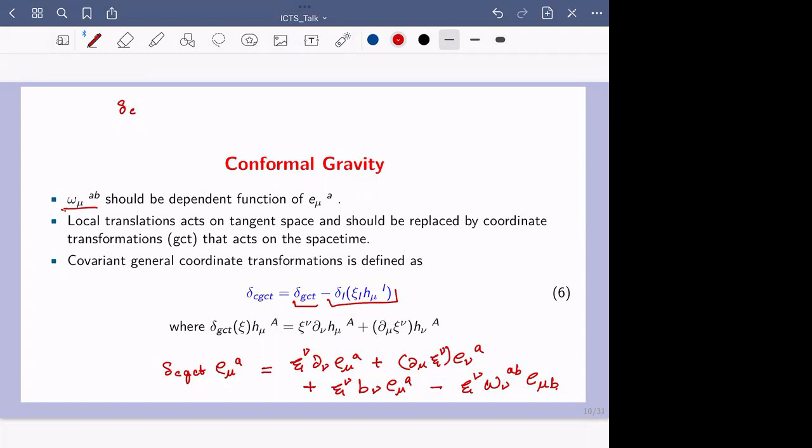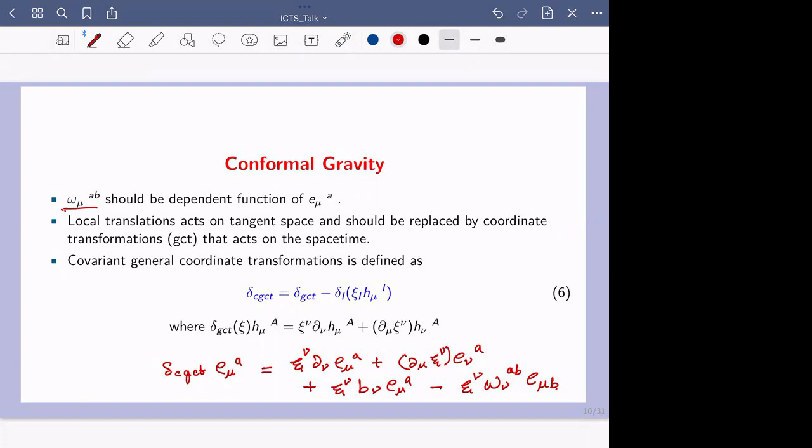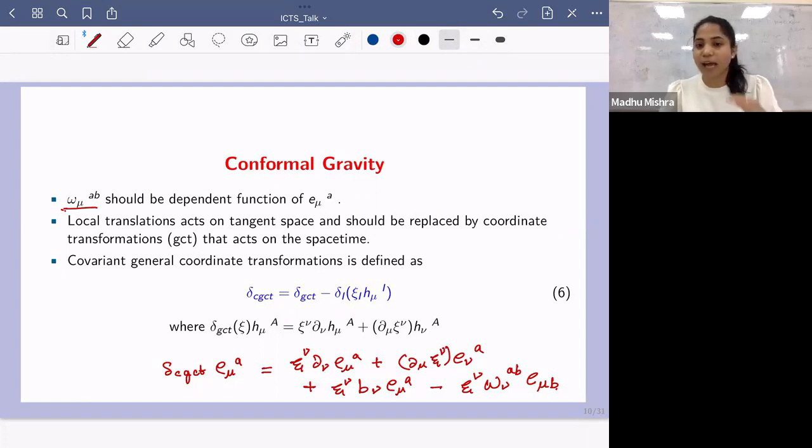Yeah, but in order to incorporate the conformal symmetries, you are again incorporating the Poincare and the translation symmetry. You're just gauging the Poincare symmetries. So in what sense is it conformalizing it? So initially, if you have a gauge theory, all these local symmetries act on tangent space, but not on space-time. However, the general coordinate transformation acts on space-time.